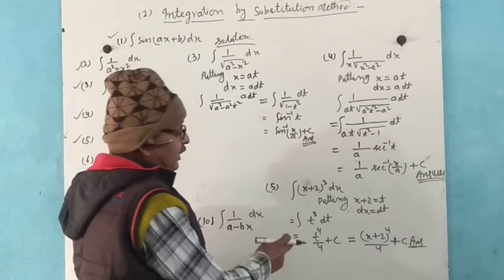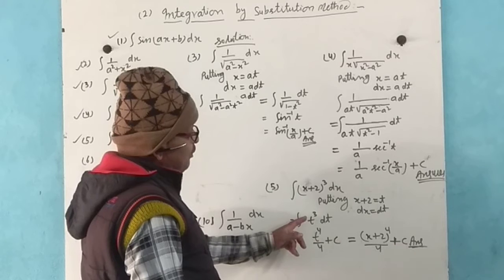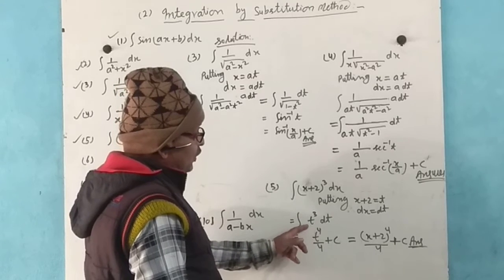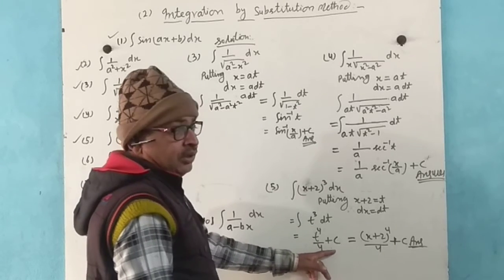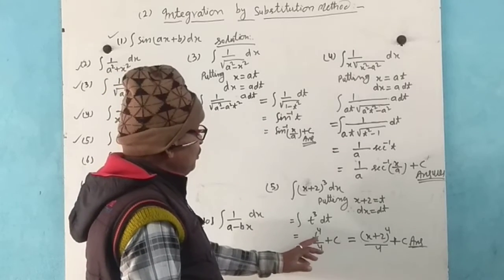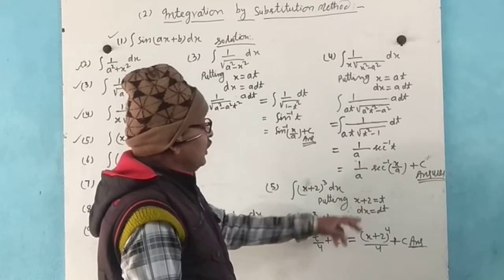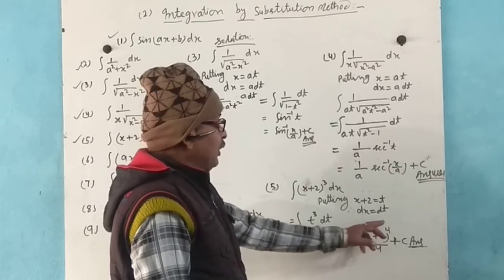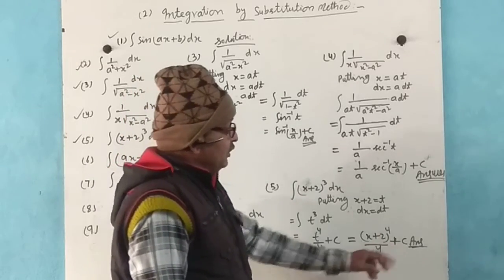In the similar way, here t to the power 3 plus 1, t to the power 4 divided by 4 plus c, where c is the integrating constant. Putting the value of t equal to x plus 2, we get x plus 2 to the power 4 divided by 4 plus c.